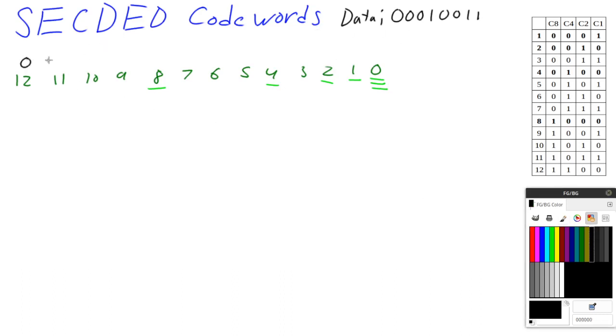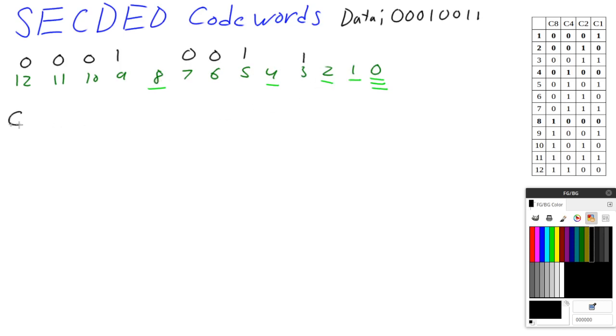That's 0, 0, 0, 1, 0, 0, 1, 1. But the dead bit covers bits 12 through 1. It's the exclusive OR of all of them. And if I don't know what 8, 4, 2, and 1 are, I can't compute bit 0 yet. So I need to do 8, 4, 2, and 1 first.